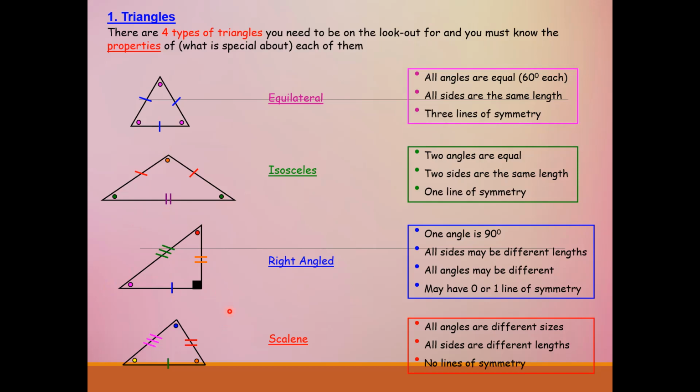Okay, now scalene. Again, notice that they have different sides and different angles. This scalene triangle does not have a line of symmetry, no lines of symmetry.